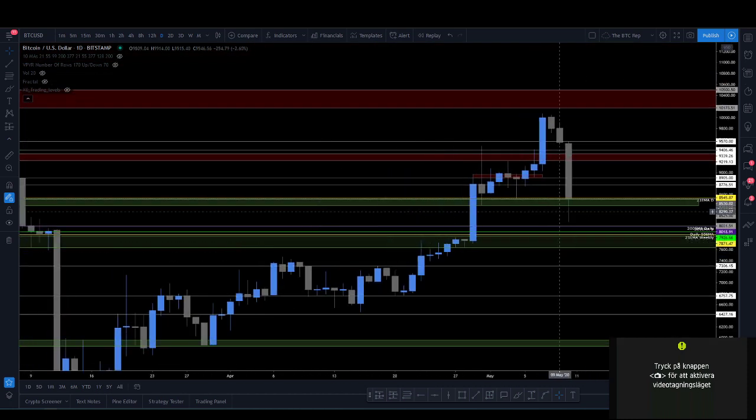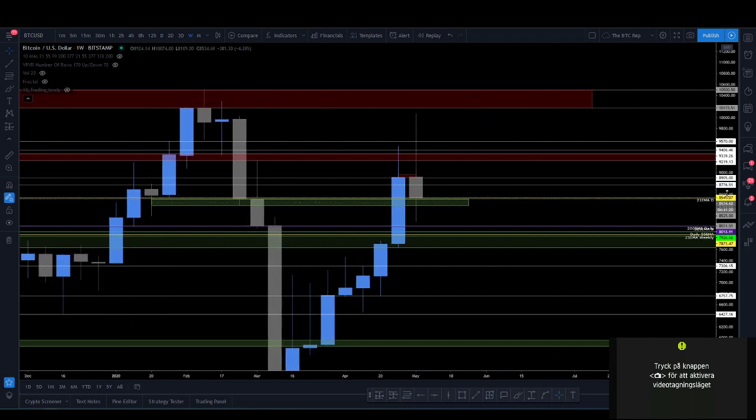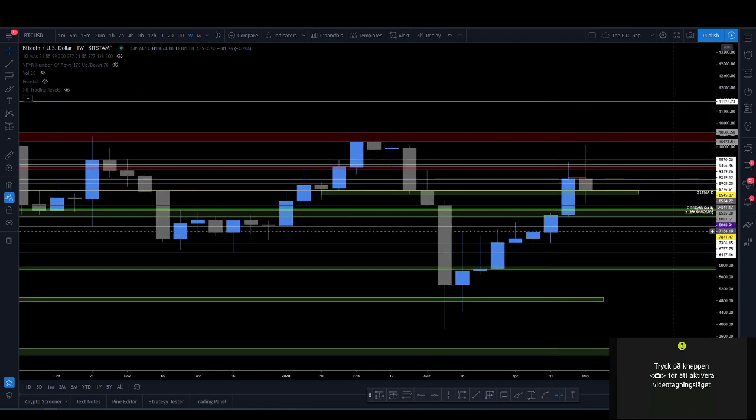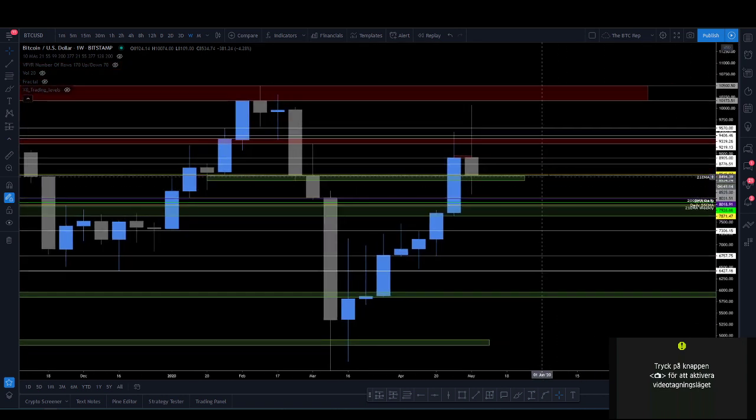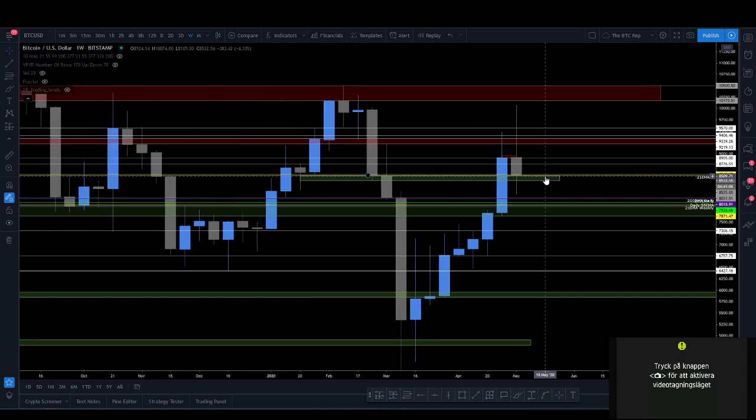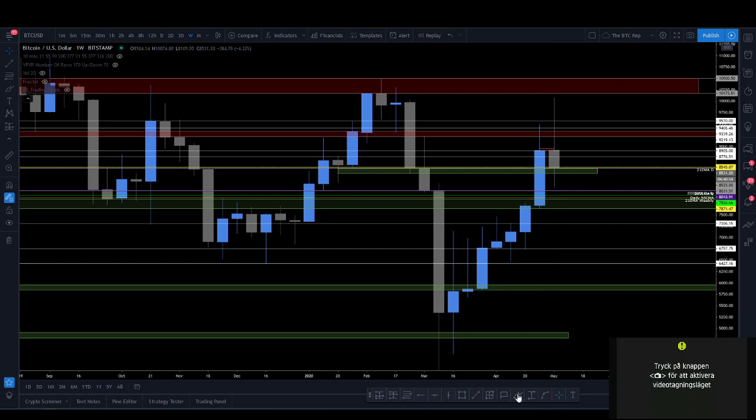I'm really not, because with the weekly close coming up, if we get a weekly close above 8,500, I think we are most likely headed to 9,000. So the weekly close is obviously important, because closing the weekly above 8.5, I'm going to consider that bullish, to be honest.